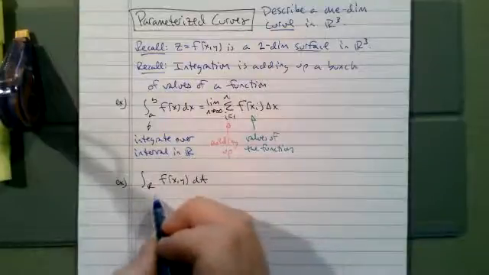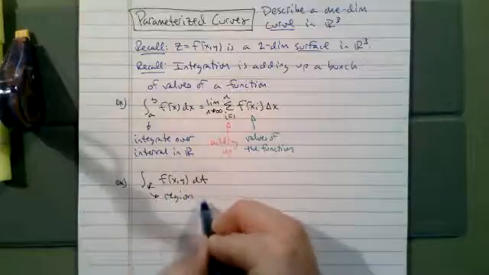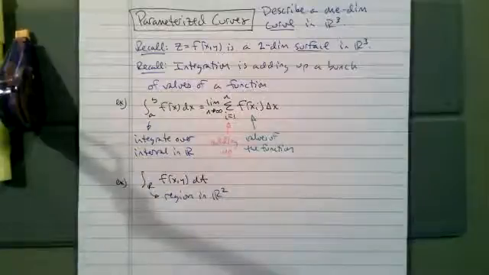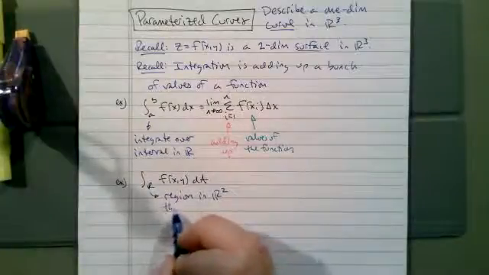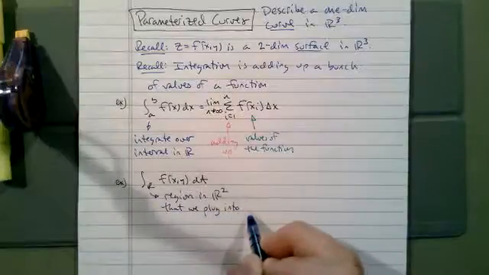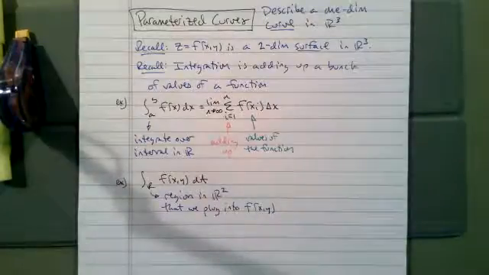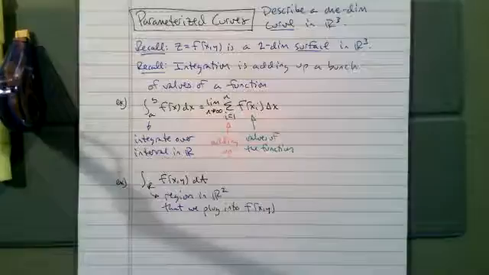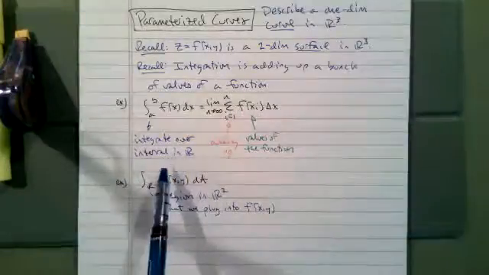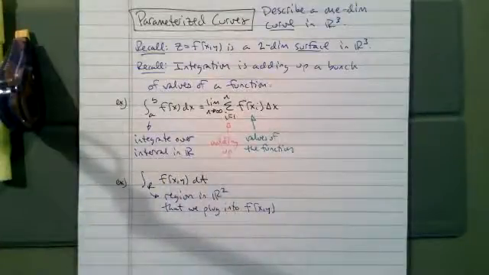So we integrate over a region. That's the collection of points that we're plugging into the function. When we integrate over an interval in R, that interval is the collection of points that we plug into the function.